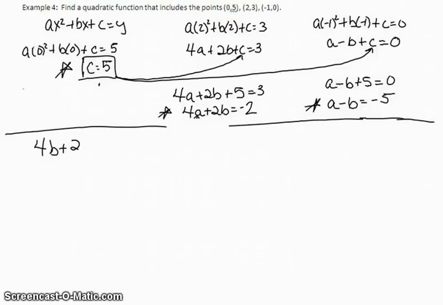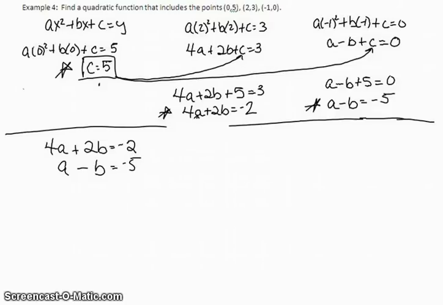It helps if I copy it down right. Let me grab that eraser. One more time, but this time with the correct variables. I have 4a plus 2b equals negative 2. And then a minus b equals negative 5.